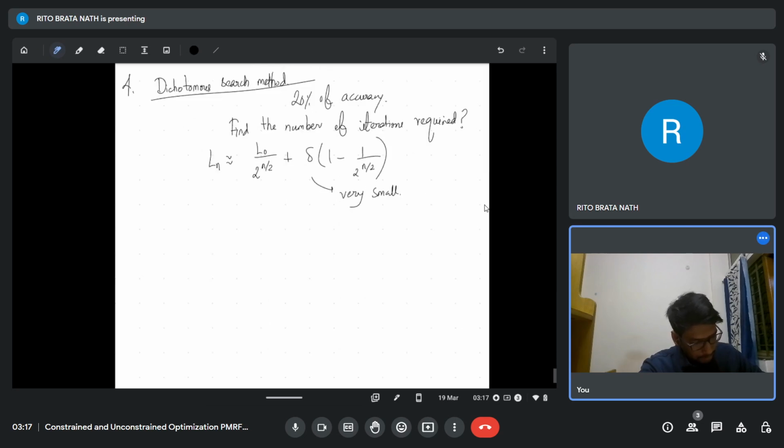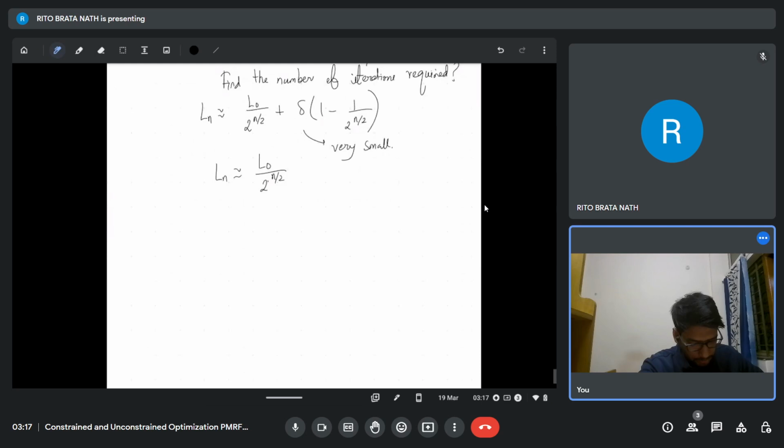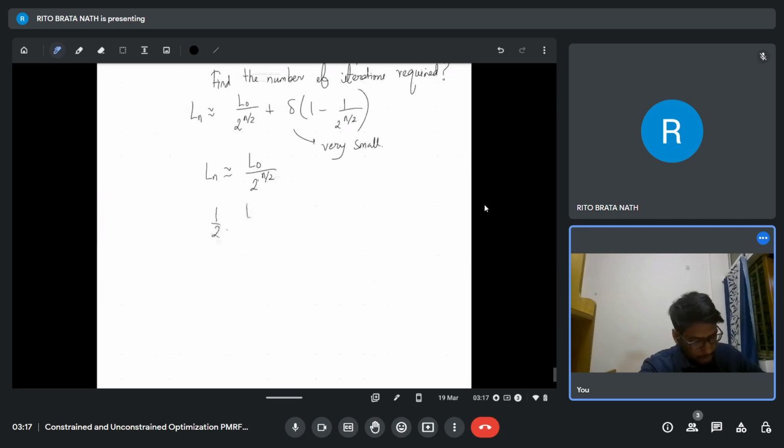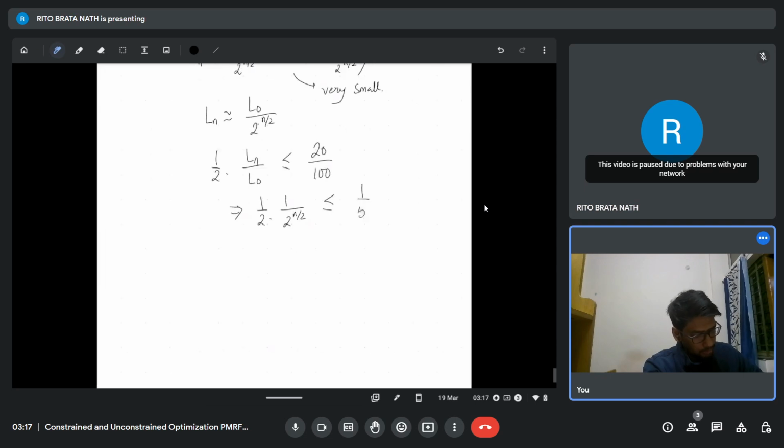In that case, L naught is 2 to the power n by 2. With 20% accuracy, half Ln by L naught equals 20 by 100, so it's now 1 by 5.